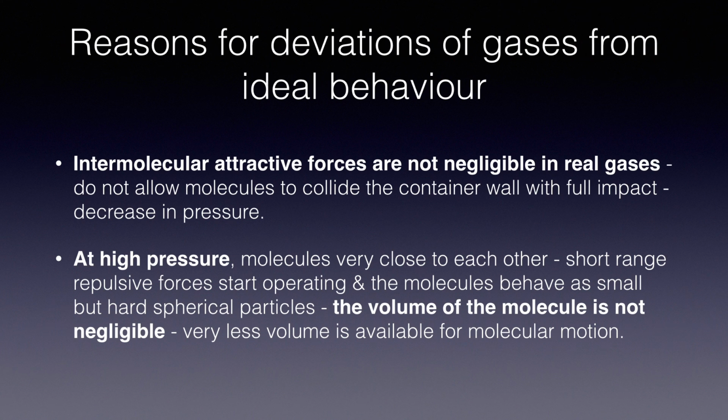We have assumed that the volume of the gas particles is negligible as compared to the total container. Over here the volume of the molecule is not negligible. That is what we are seeing about the deviation. So the volume of the molecule is not negligible in case of real gases. So very little volume is available for molecular motion.